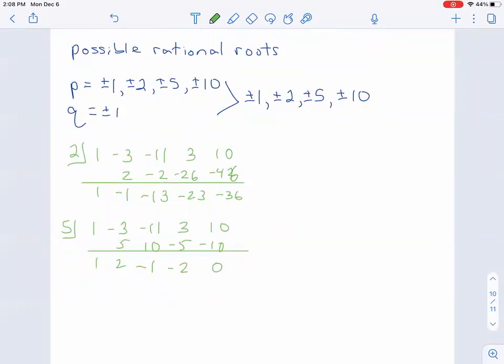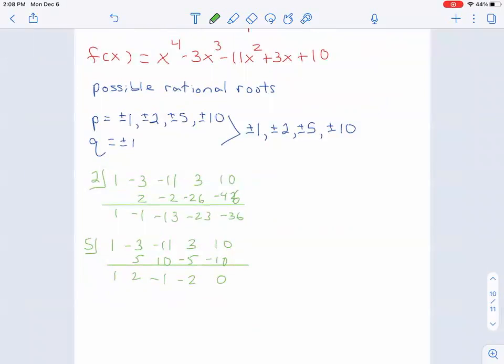But remember, it's a 4th degree polynomial. We can have up to 4 rational roots, giving us 4 factors. So what might be another number that we could try in here? We tried 2, we tried 5. I would say let's try easy ones, right? Out of this list, I think we should try 1 or -1.